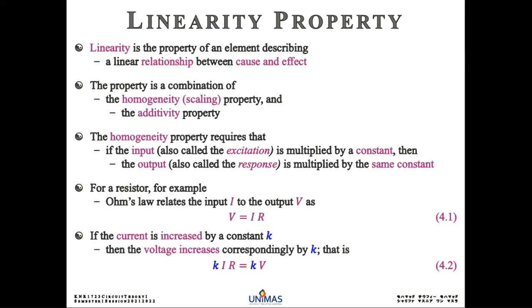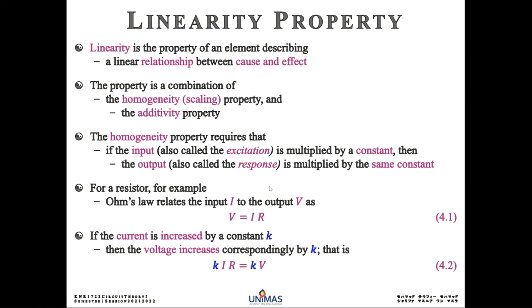Whatever it is, you have the input excitation multiplied by something. The homogeneity property requires that if the input or the excitation is multiplied by a constant, the output or the response is multiplied by the same constant.